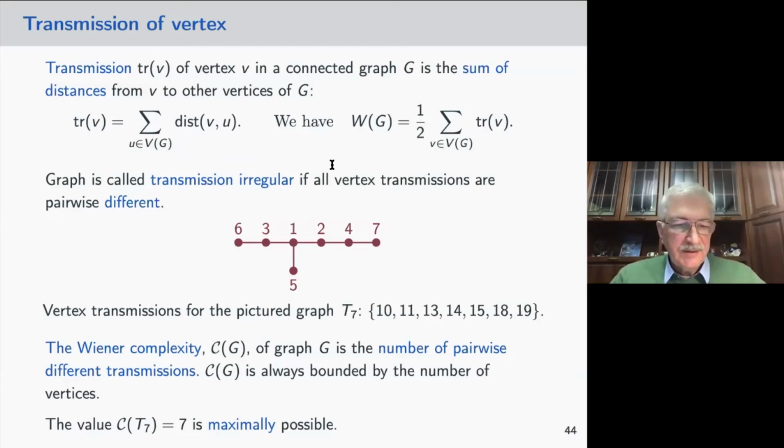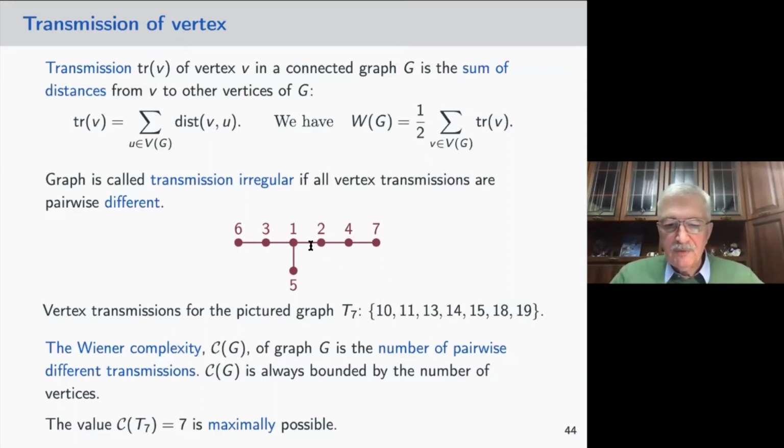And there is a notion of a transmission irregular graph. It's a graph in which you can distinguish all vertices by transmissions, so for all vertices, their transmissions are different. So there's a graph invariant which gives you the possibility to distinguish all vertices, and I want to show you a picture for this tree with 7 vertices. There are numbers of vertices, and there are values of transmission.